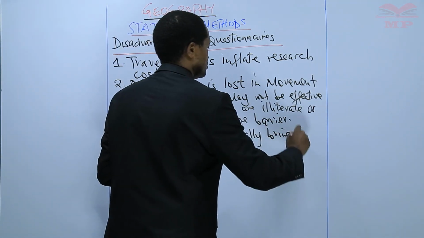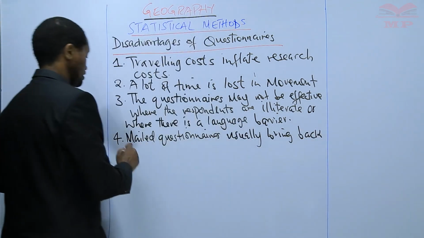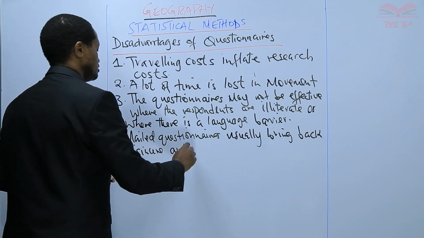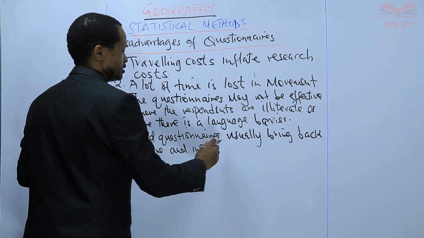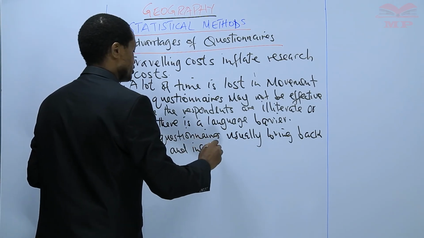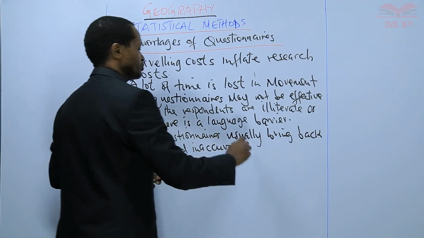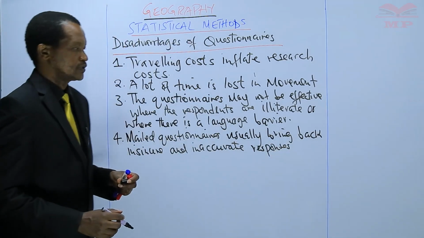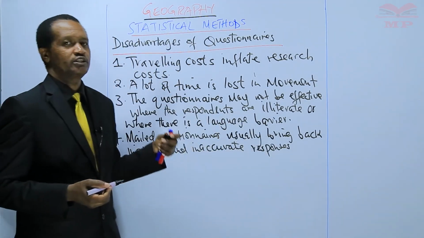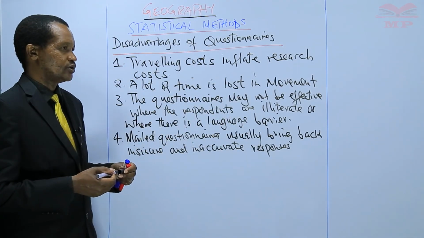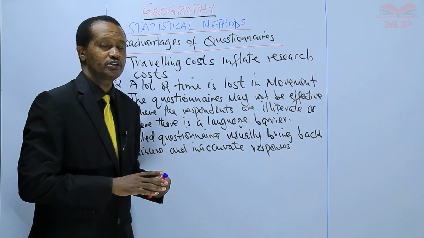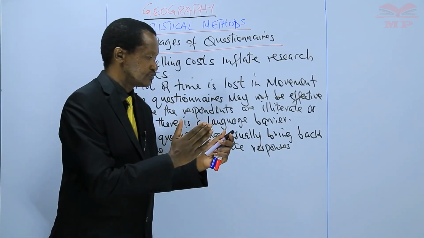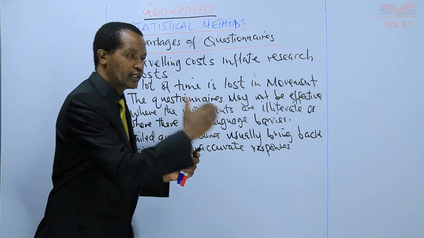insincere and inaccurate responses. If you are mailing or posting questionnaires to respondents, the researcher may not be available to engage the respondent one-on-one.